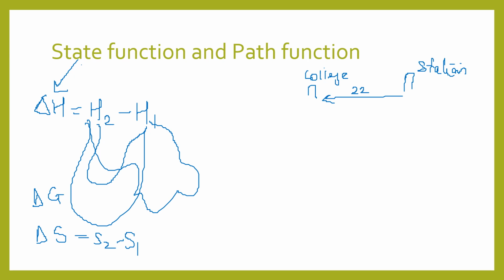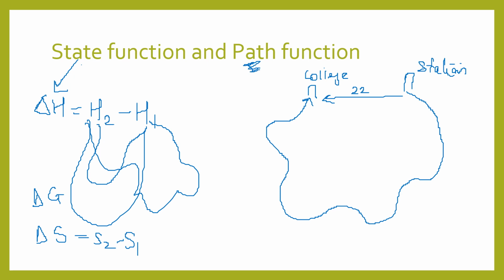So if I come from the station to the college, I'll give the taxi wala 22 rupees. Whereas if I take him for Mumbai Darshan and I come to the college, then will he cost me 22 rupees again? No, he will not cost me 22 rupees. He'll cost me more depending on the fare, because he has followed more path. Correct? So these properties are called path functions, which depend on the path followed.